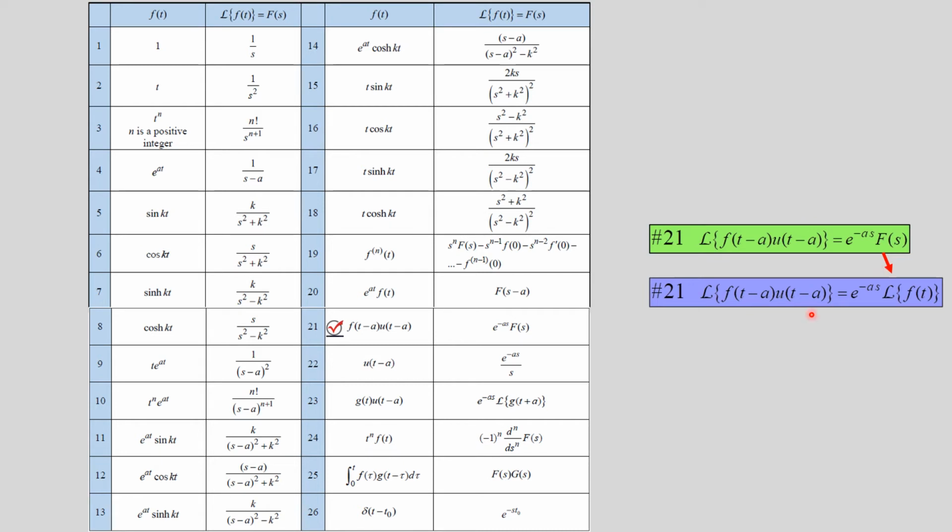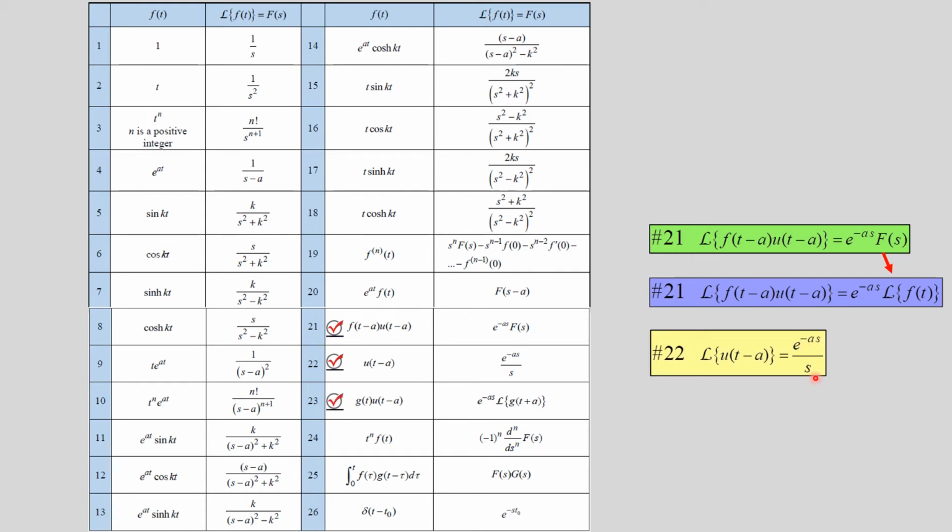So whenever we want to find the Laplace transform of f(t minus a) u(t minus a), it is actually advisable to use this formula instead, because we can find the Laplace transform of f(t) based on the technique that we have learned. The next formula is at row number 22. The Laplace transform of the unit step function is equal to e to the negative as over s.